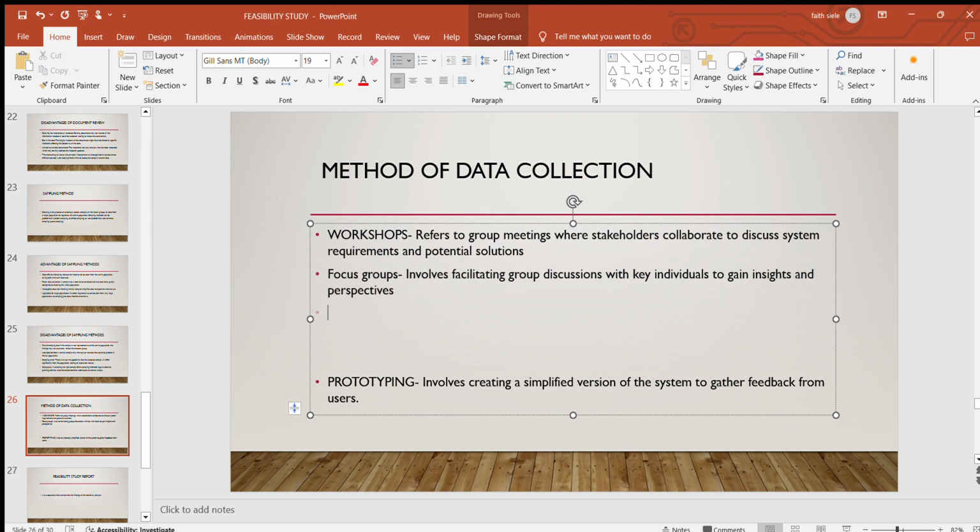Then on disadvantages, it may be dominated by certain individuals. It can also be time consuming and expensive, and it may not be representative of the entire population, because it just focuses on facilitating group discussions.